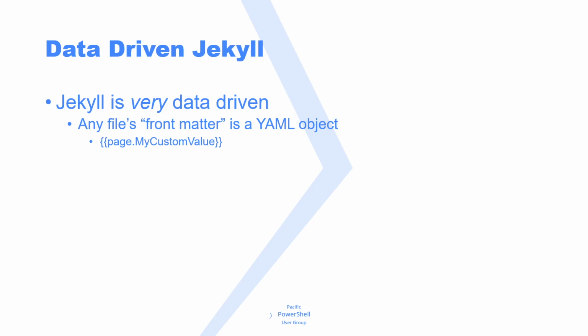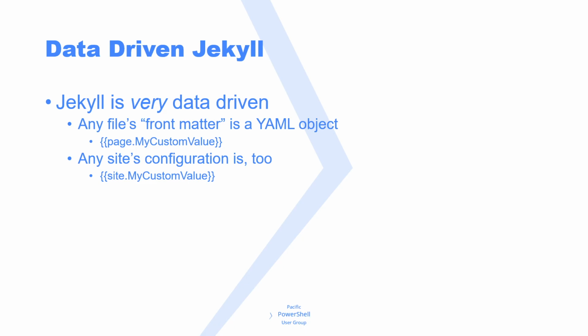Page, my custom value. Any site's configuration is as well. So any configuration values will be a property of site. So if you have a value in a config YAML file, it just works on its way on up.